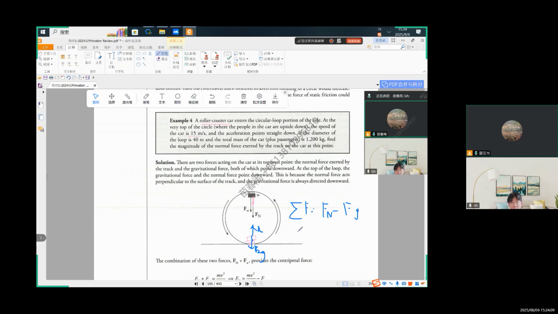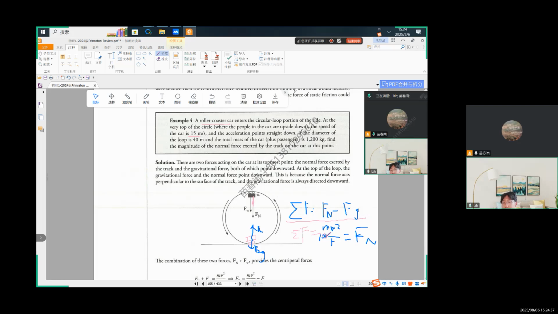One formula is sigma F is Fn minus Fg. Sigma F also equals to what? Yes, acceleration, you mean mass times acceleration, right? Yeah, that's how you go.